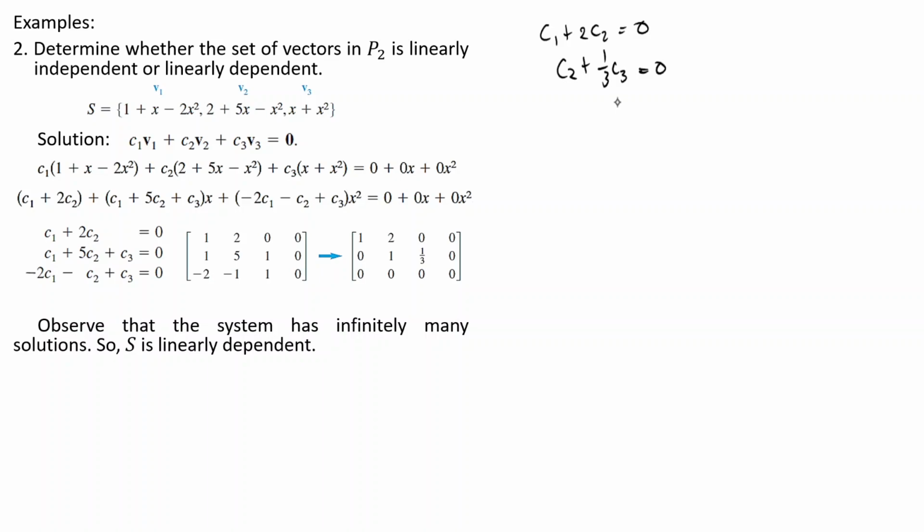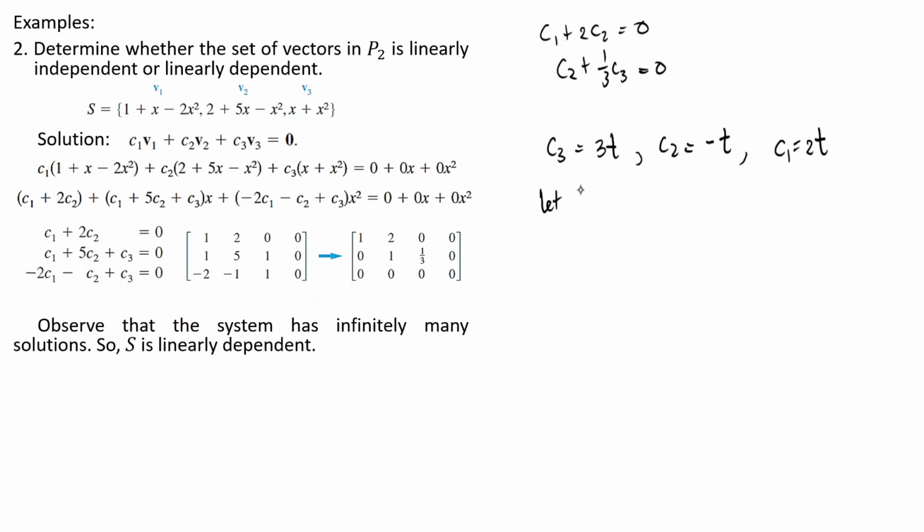So we can have a free variable, or we can let C sub 3 be, let's say, 3t. If C sub 3 is 3t, the 3 will be cancelled out, so we have C sub 2 equal to negative t, and substituting this in here, C sub 1 is equal to 2t.